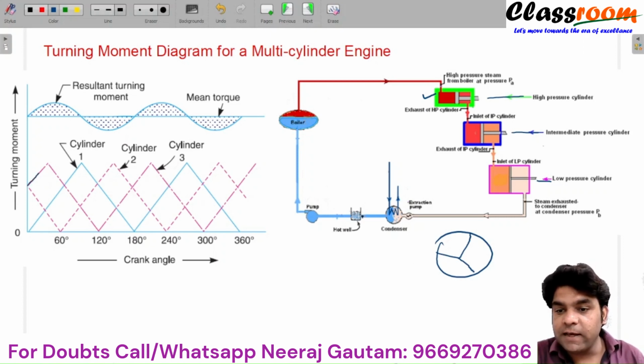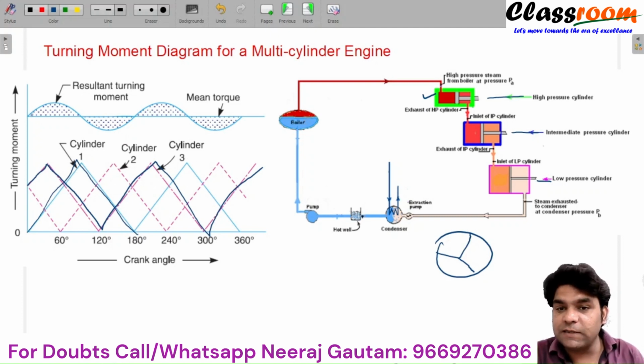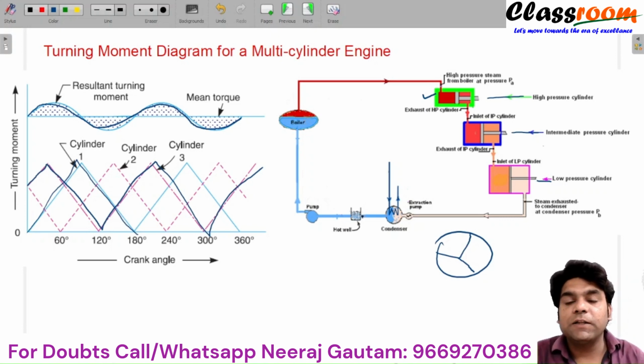Here we can see a separate turning moment diagram for each cylinder, and the net resulting turning moment diagram for this three-cylinder engine is like this. You can see a continuous fluctuation of peaks and valleys about the mean torque.